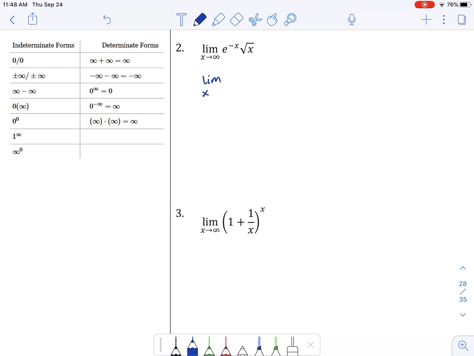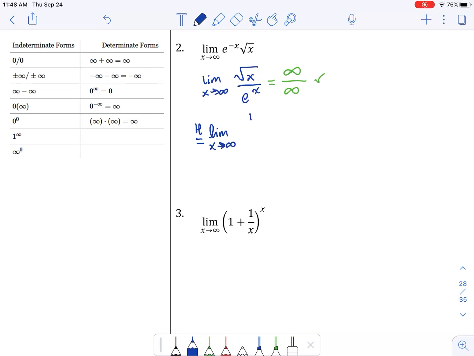One of the most common ways that we would do this is the limit as x approaches infinity of root x over e to the x, because then you end up with a fraction, and then you've dealt with the negative exponent. And when we plug in for that, we do end up with infinity over infinity. So now we have shown that we can use L'Hopital's.